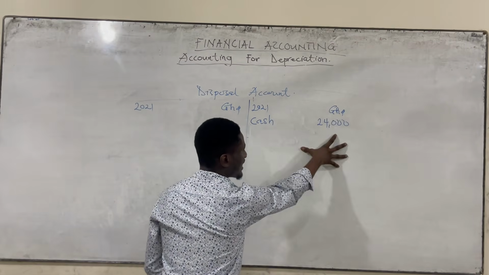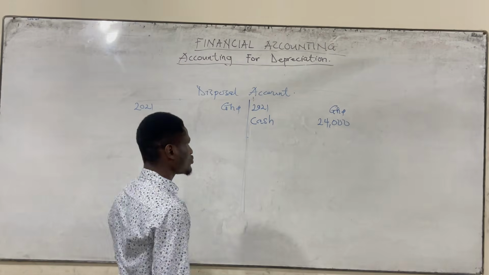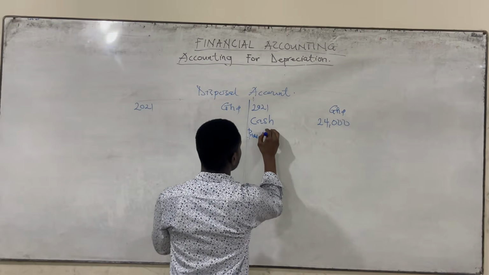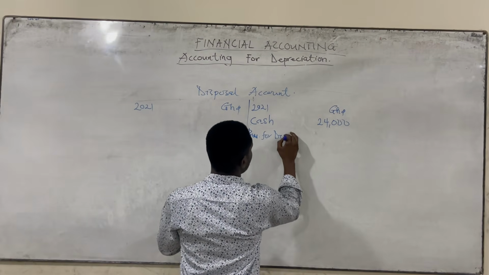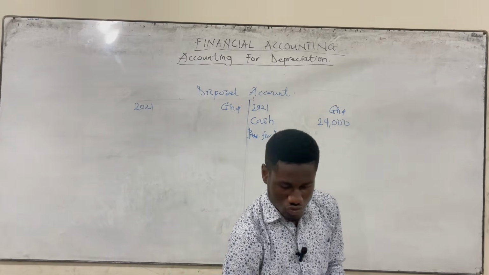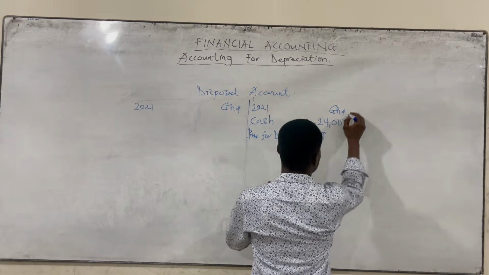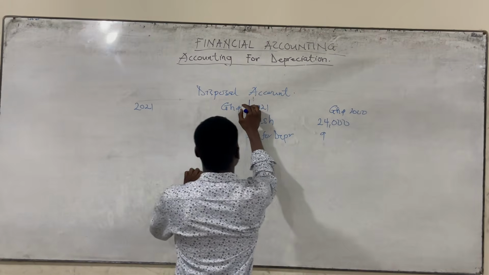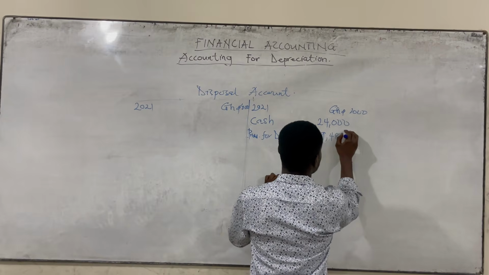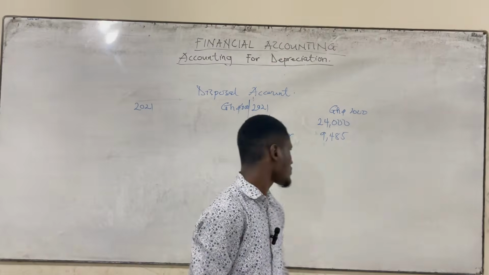Then we will less the provision, or the total depreciation of the assets sold as at that year. So provision for depreciation. We had the total depreciation of that asset to be 9,485. Good.